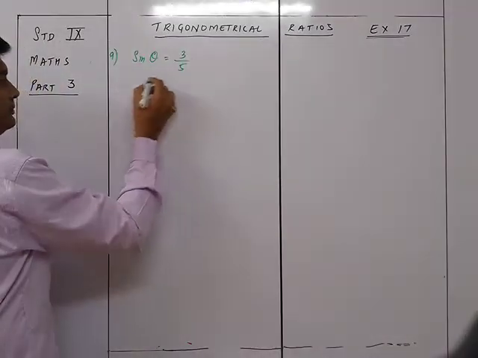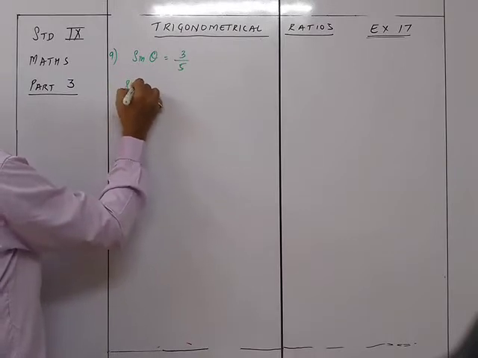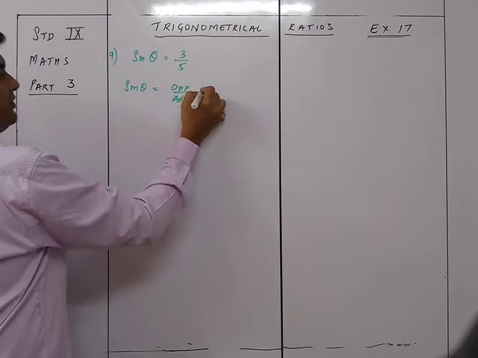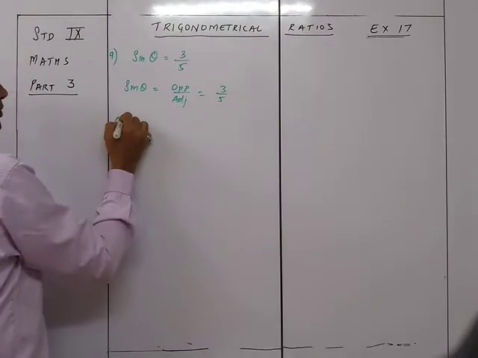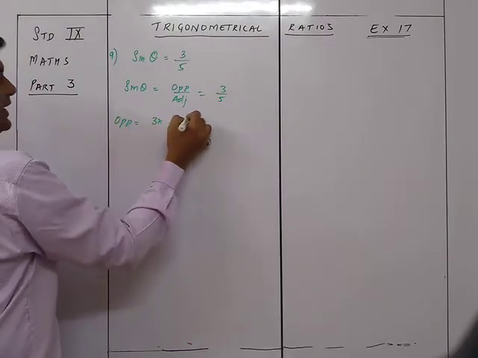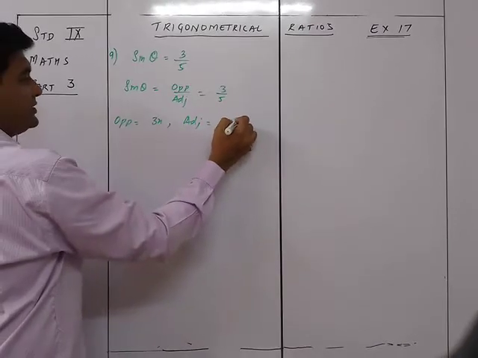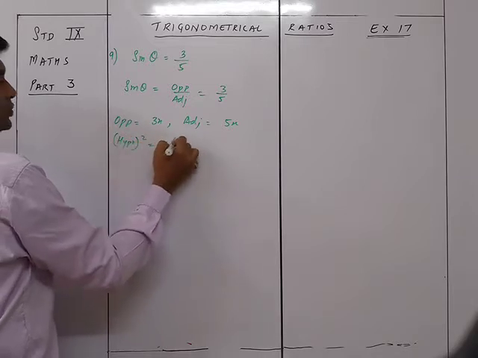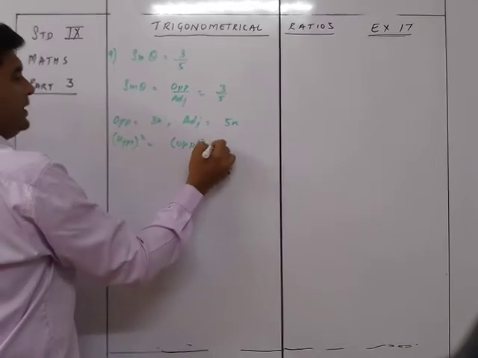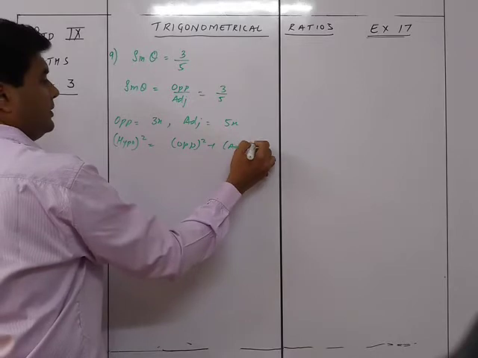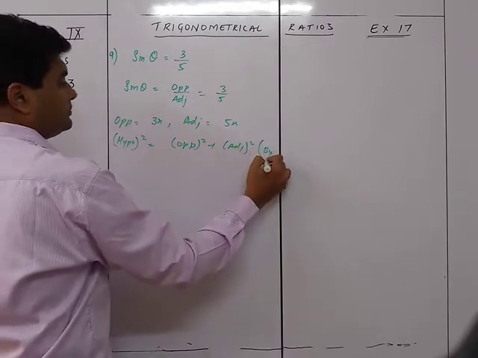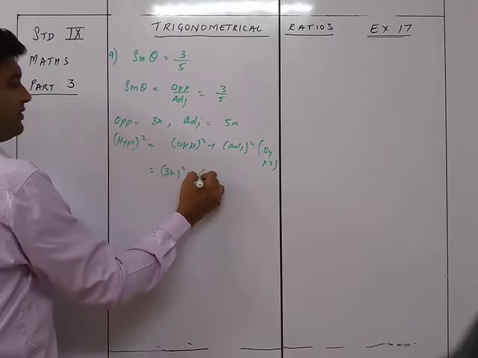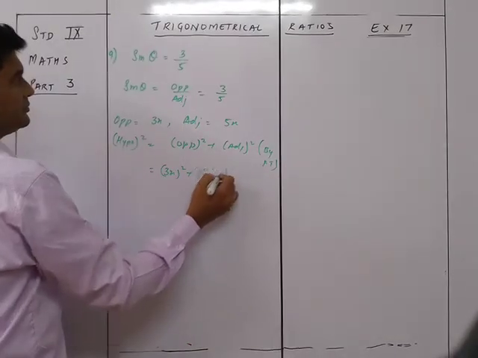Very simple sum. So we know that sin theta is equals to opposite upon hypotenuse is equals to 3 upon 5. Therefore opposite is equals to 3x and hypotenuse is equals to 5x. Therefore hypotenuse the whole square is equals to opposite square plus adjacent square by Pythagoras theorem.